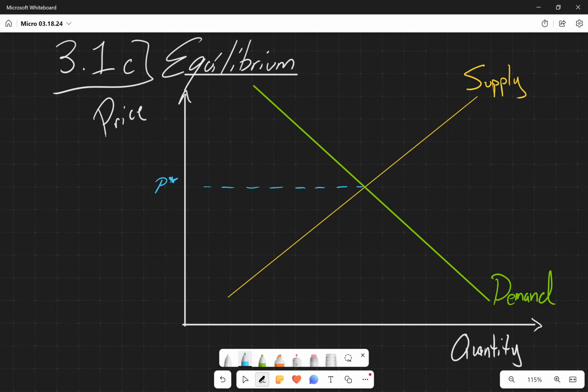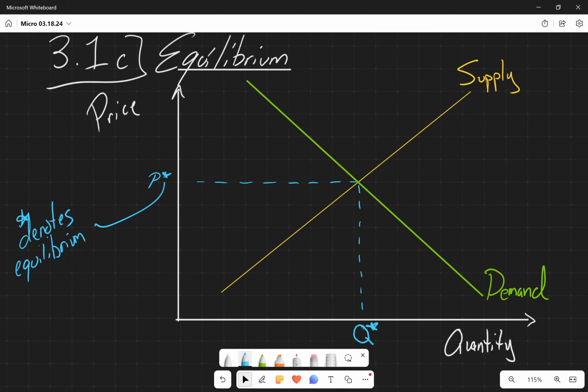Star denotes equilibrium. And then we drop an anchor down from the intersection onto the x-axis, and we label this Q star. Again, star denotes equilibrium for us.